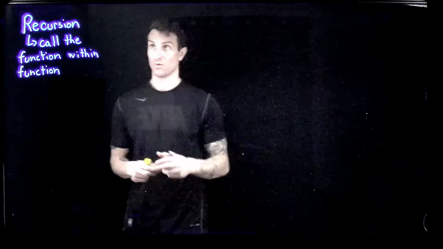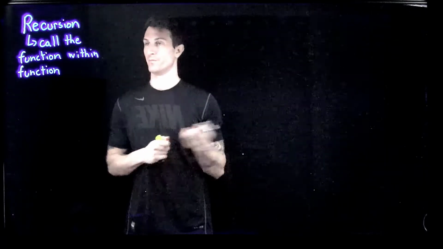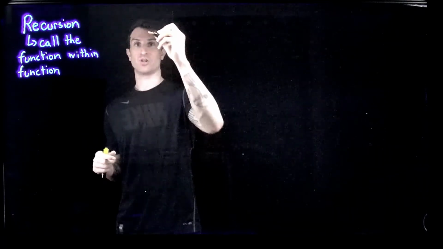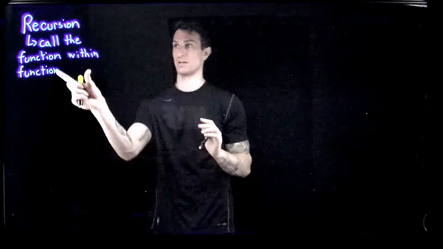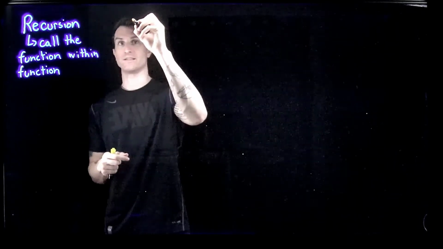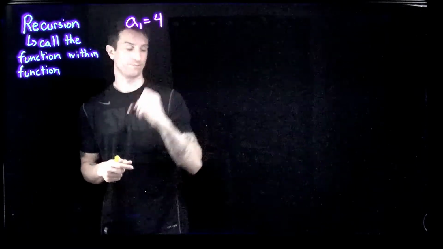All right, so we'll call the function within the function. So we'll do the same thing. The question should pop up somewhere. We're going to list out the first 5 terms, and I'm going to tell you the first term. So I have to tell you the first term if I'm going to define this recursively. So let's say a sub 1 here is equal to, let's do 4, right?